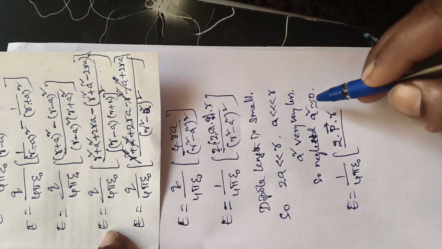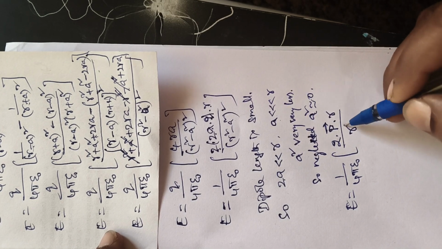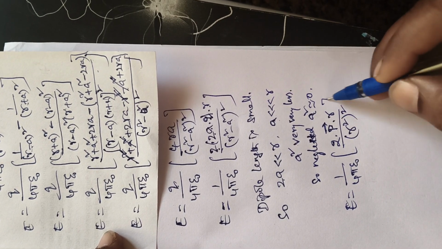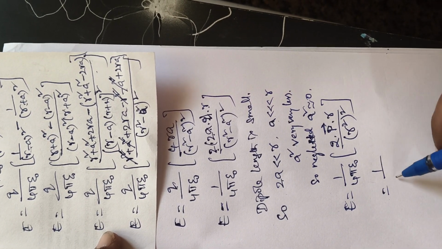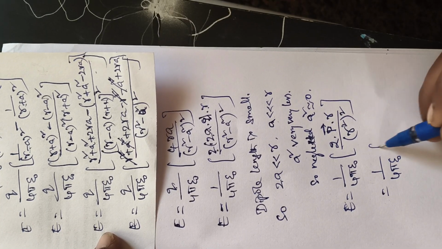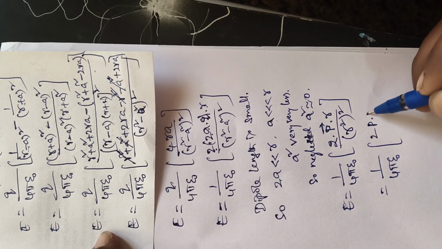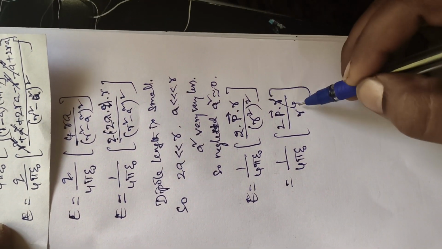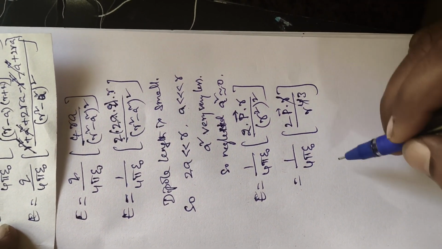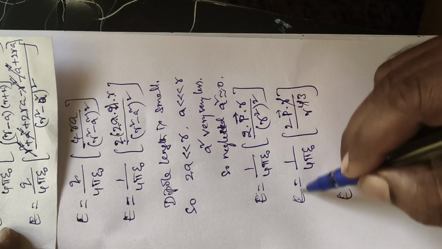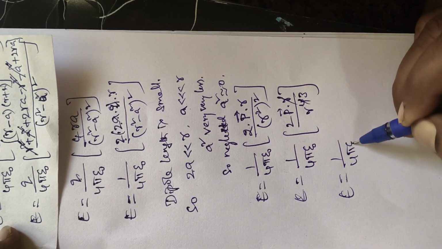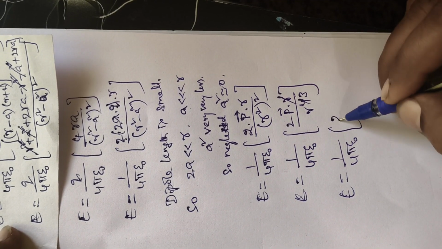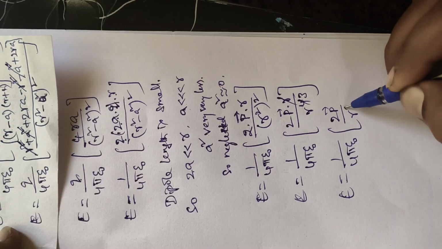Here A square term is neglected. Remaining term is what? (R square) whole square. So next 1 by 4 pi epsilon naught, 2 into P into R divided by R power 4. R gets cancelled. Remaining R cube is there. So finally 1 by 4 pi epsilon naught, 2P by R cube.